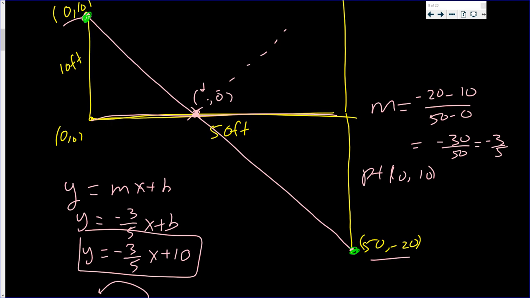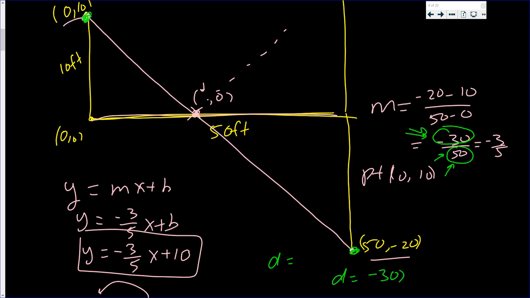We have the change in y, we have the change in x. So all we need to do is square them.